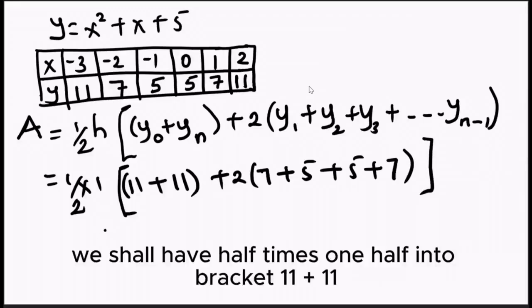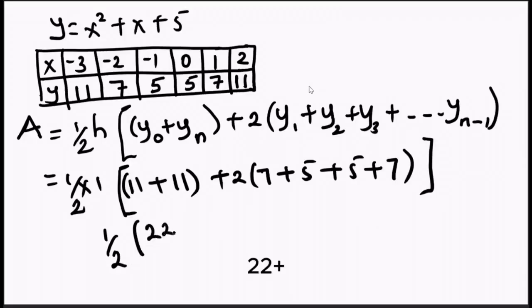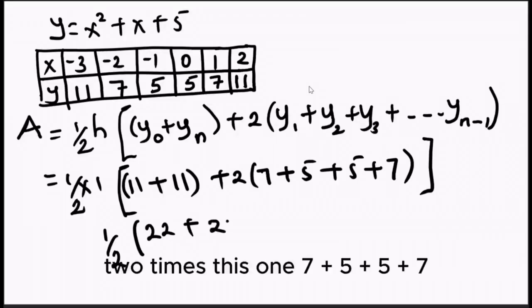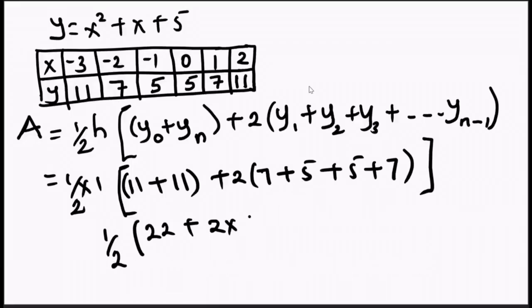Simplifying this, we shall have half times 1 into bracket 11 plus 11, which is 22, plus 2 times 7 plus 5 plus 5 plus 7, which is 24.